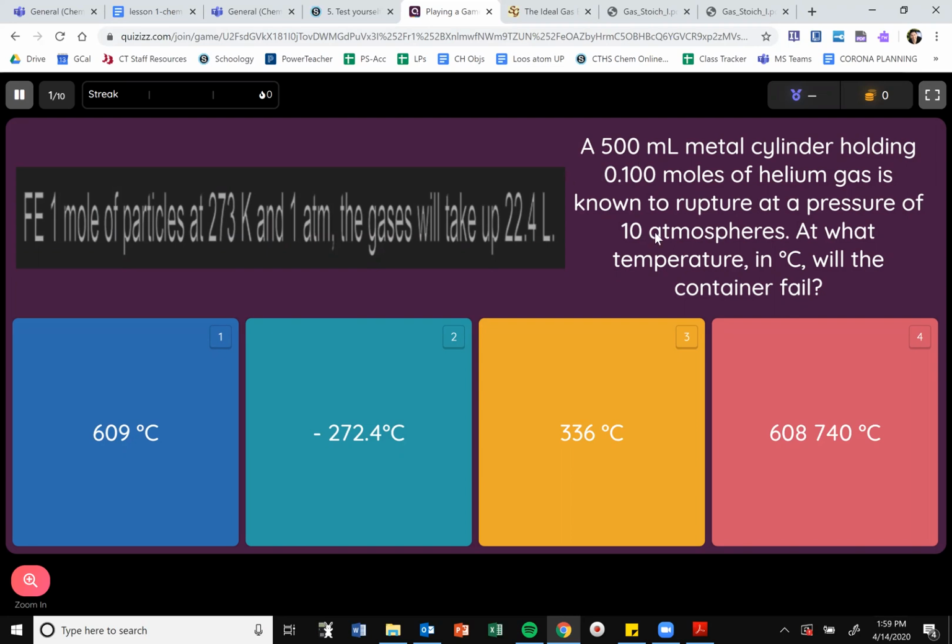This is a PV equals nRT question, and you're solving for temperature, and they want it in degrees Celsius.